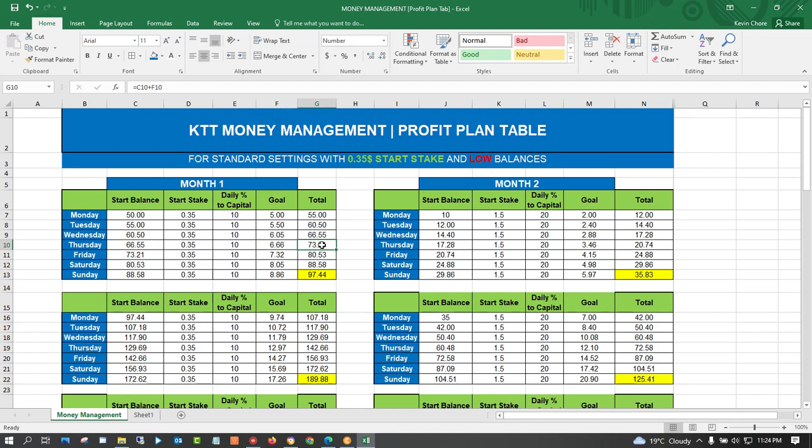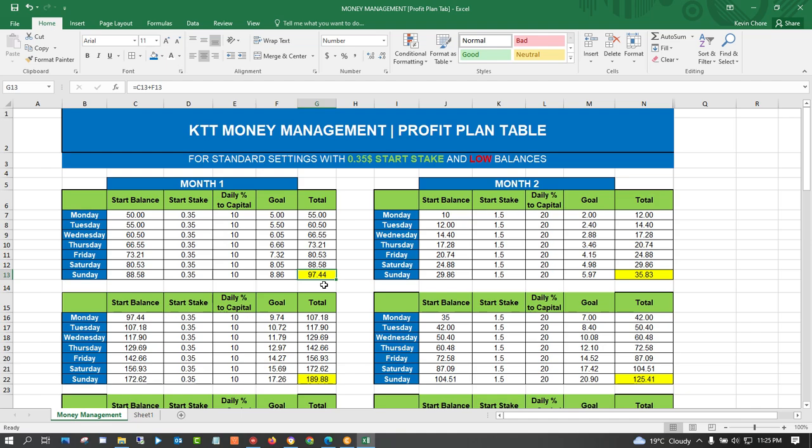This is your total. This plus this equals this. Then this one becomes your opening balance. You only target 10% of this. That's the total. So when you reach Sunday, this now will be your money.